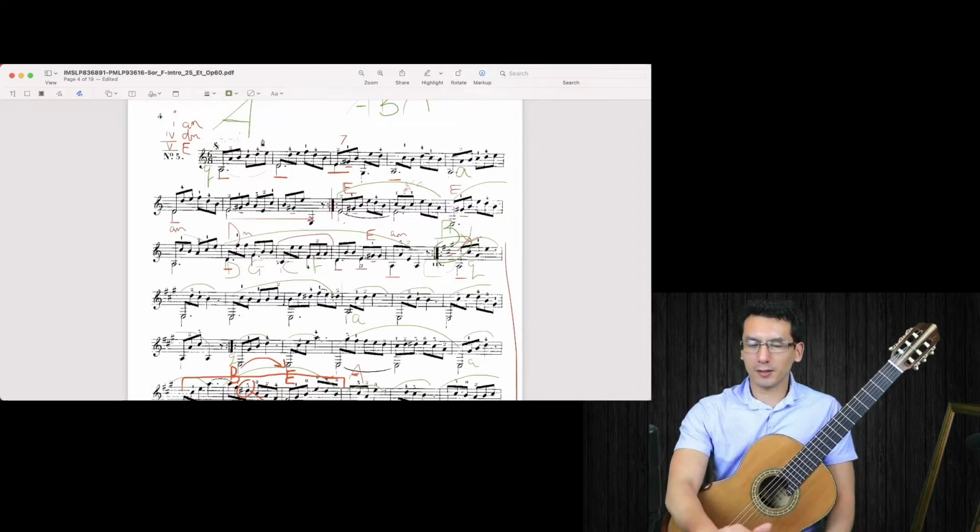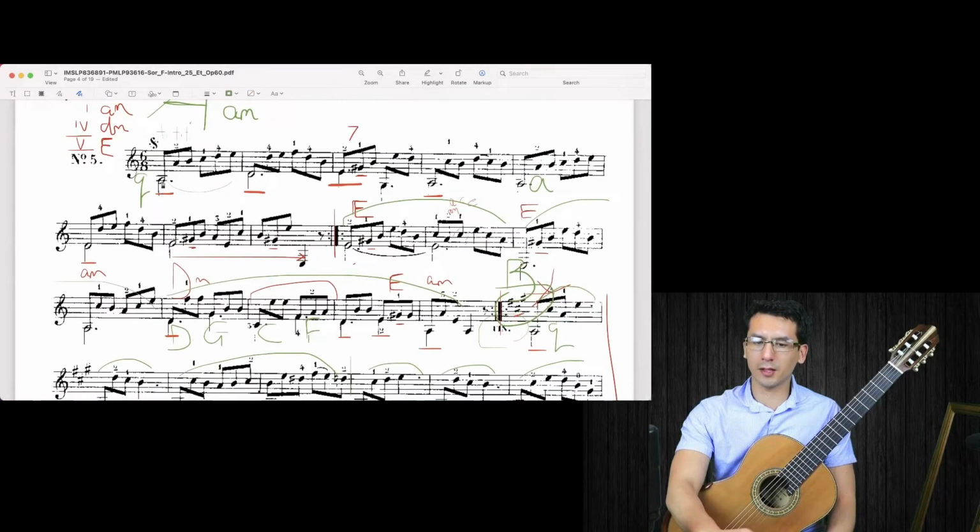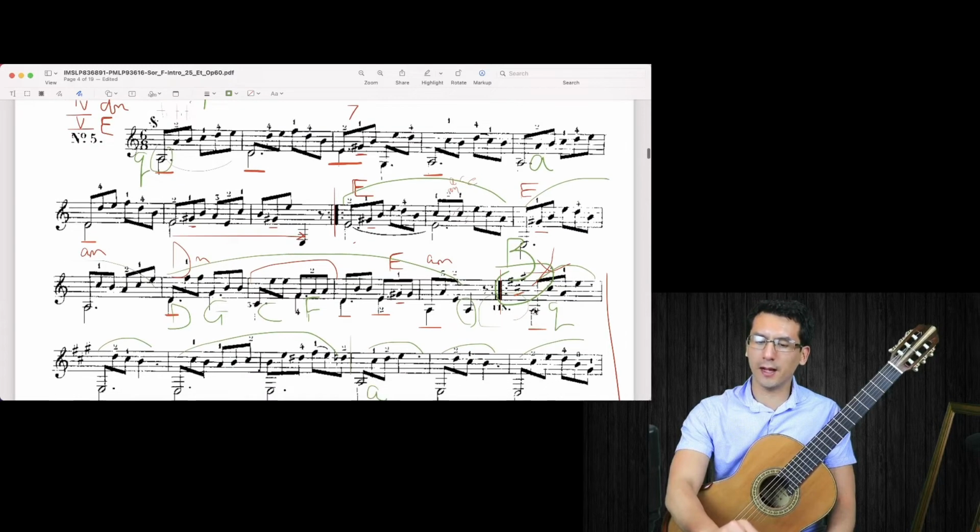So obviously the main keys we have are A minor at the start here, with no sharps or flats in the key signature, heavy emphasis on A at the start and end of the section. And then we go to the parallel major, A major with the 3 sharps. And you can see the heavy emphasis on A again.